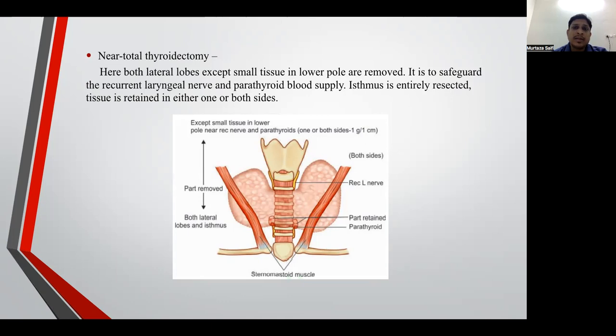The isthmus is entirely resected. Then tissue is retained on either one or both sides, a small tissue in the lower part near the recurrent laryngeal nerve and parathyroids, about 1 gram or 1 centimeter on both sides.